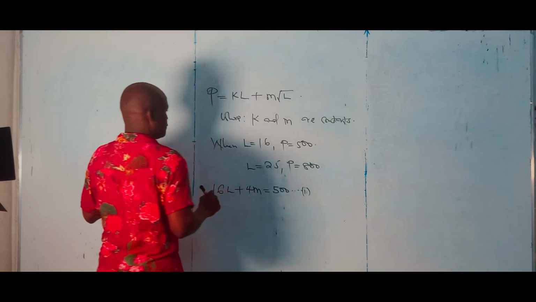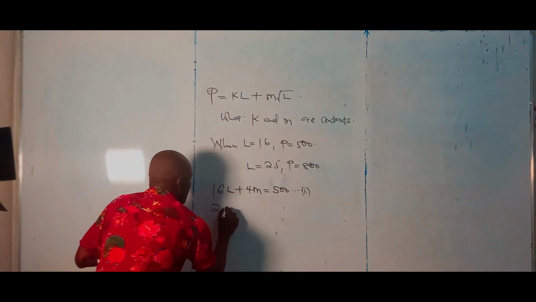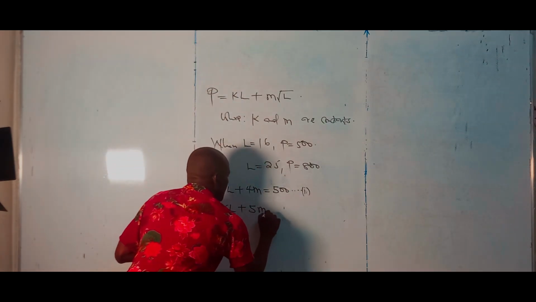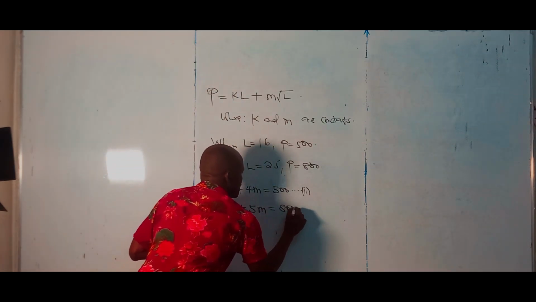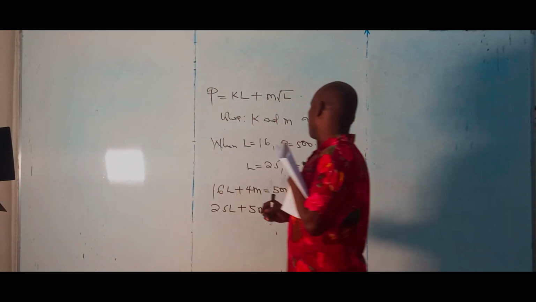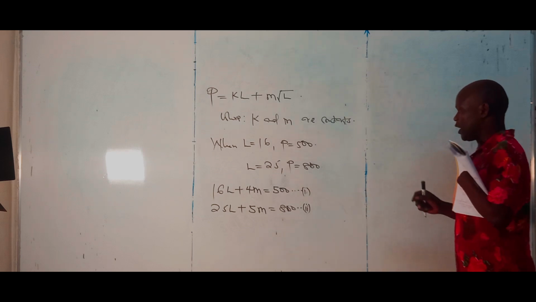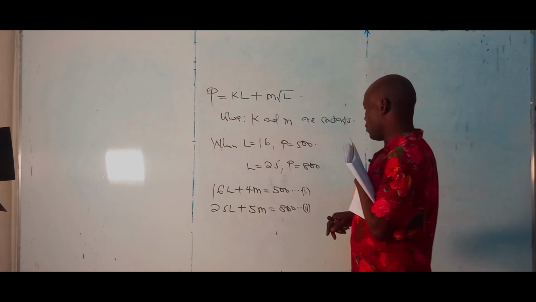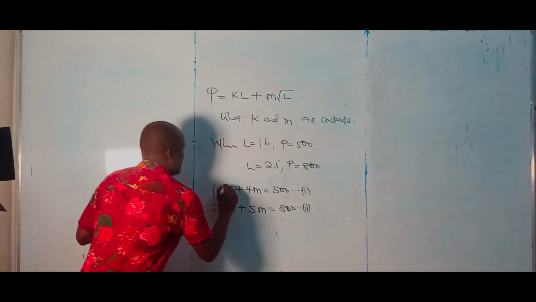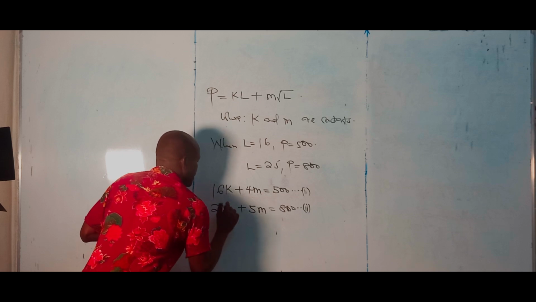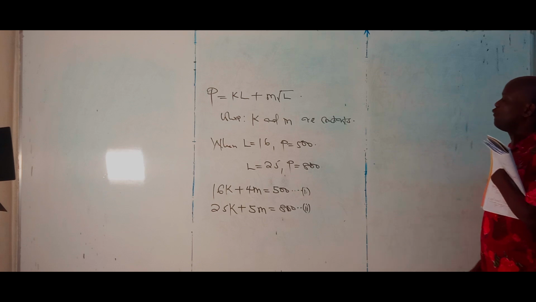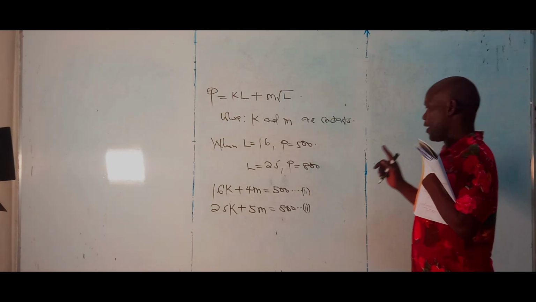Roman 2 is 25K plus 5M is equal to 800. So I've formed two simultaneous equations which I want to solve to find the value of K and M. These two simultaneous equations should assist me to find the value of K and M.